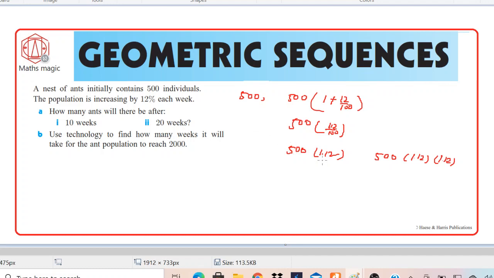Every time we have to multiply by 1.12 to get the new population. So you can say that the initial population is U1, the first term, and the common ratio of this increment is 1.12.